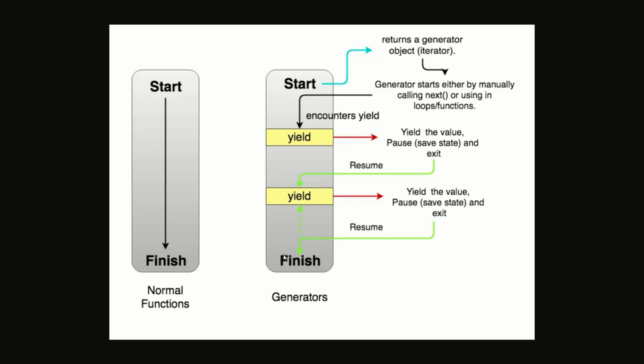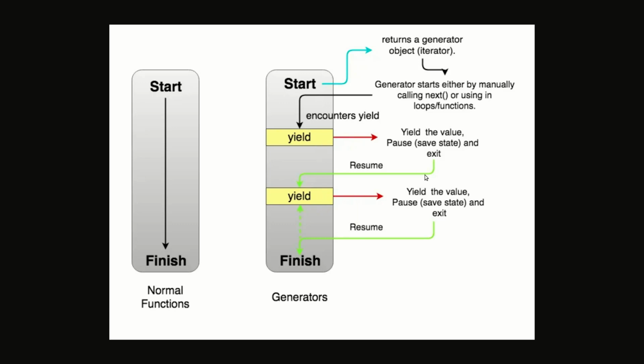This is how the generator function works. When you execute it the first time, it starts from here and stops here. It doesn't die here, it just stops and waits for the next instruction to execute the further code.